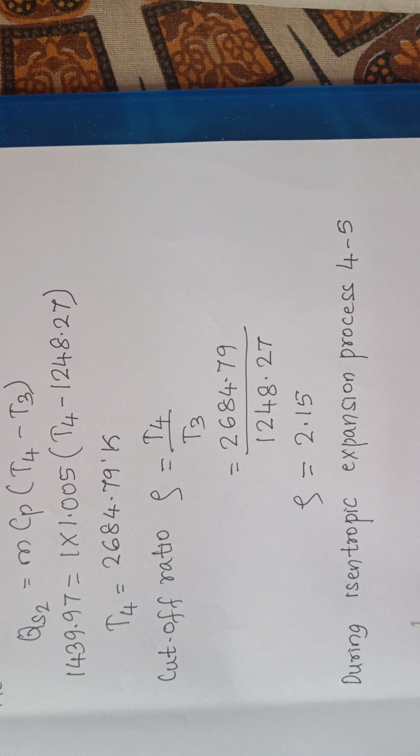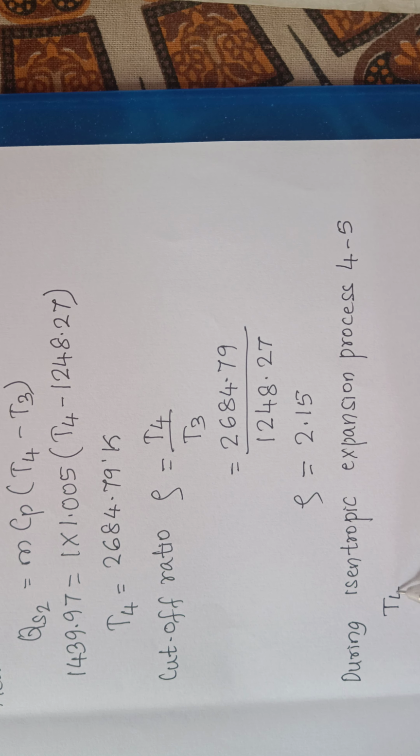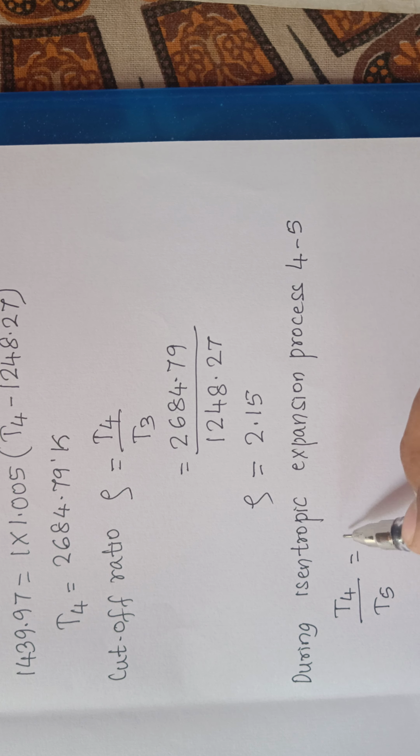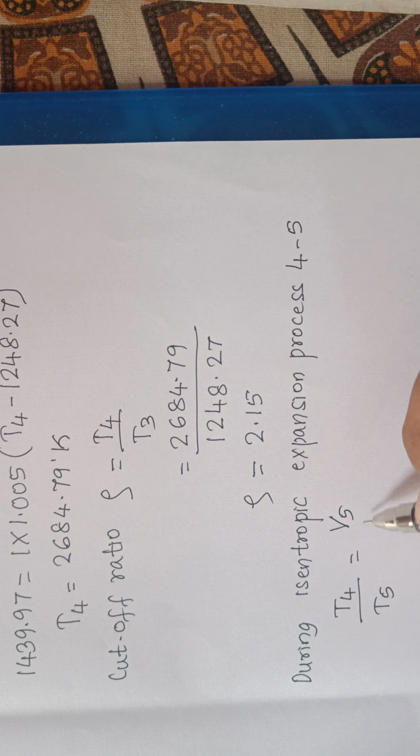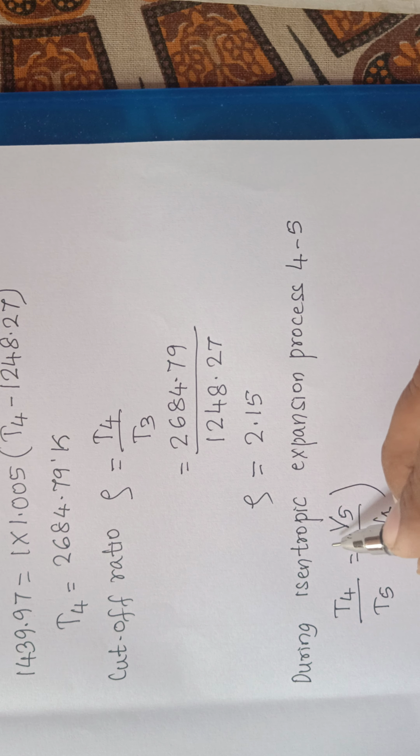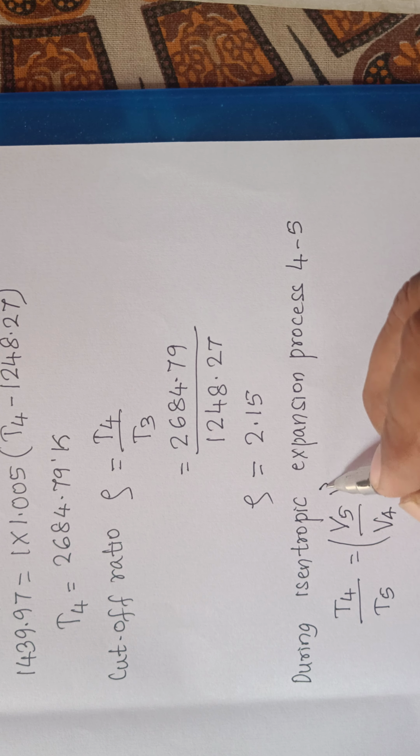So you can write the equation as T4 by T5 will be equal to V5 by V4 whole raised to gamma minus 1.